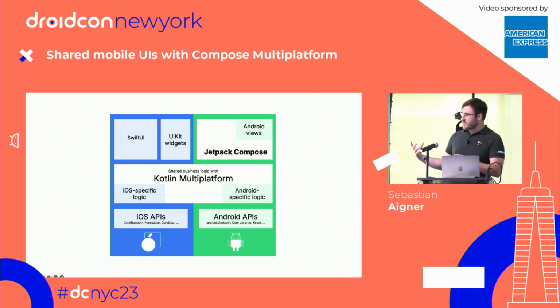The idea here was always to share the code that's supposed to behave the same between multiple platforms, but not give up access to the platform-specific APIs and capabilities that you do want to use in your apps. So rather than choosing between a cross-platform framework or native apps, you get cross-platform and native.